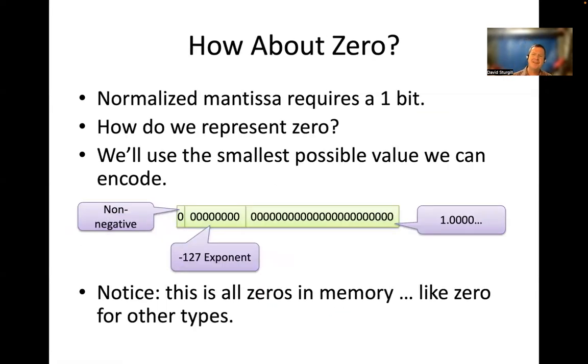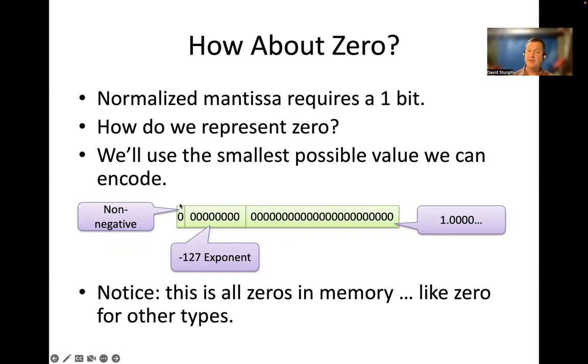Before, we said we're going to have a problem representing 0. Normalizing the mantissa requires a 1 bit somewhere, just so you can put it to the left of the point. And a 0 doesn't have a 1 bit. So what are we going to do? Well, we'll treat it as a kind of special case. To store 0, we'll store the smallest value we can.